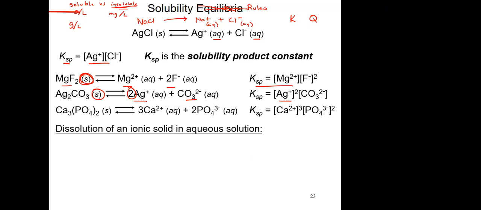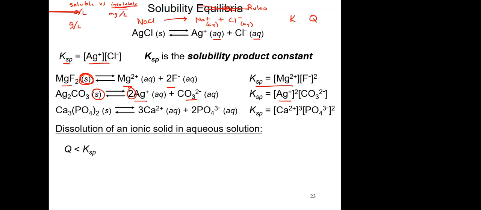Now we can also express here, if we have the ions that constitute, let's say, a given compound, we can predict if that compound will precipitate based on the concentration of the ions that are present in the solution.